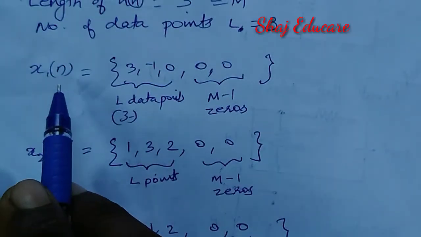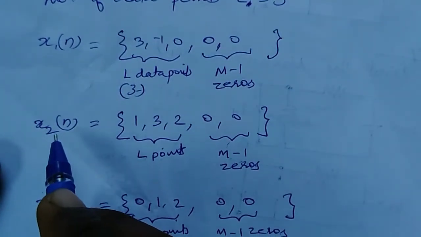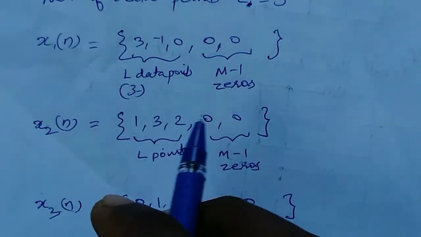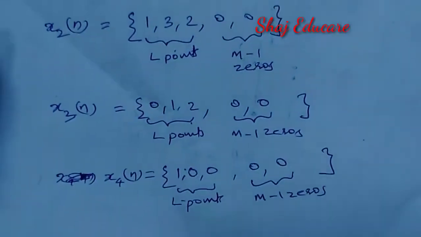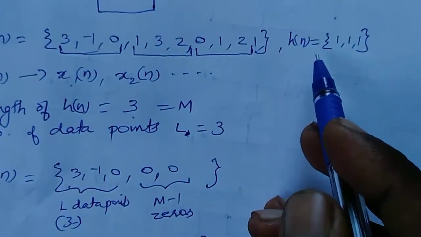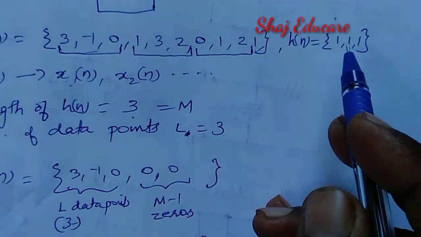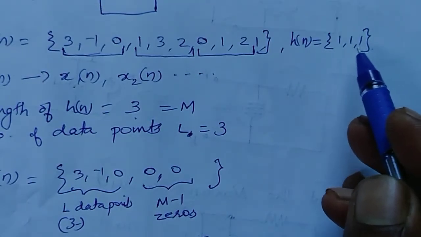Next, we have to convolve x1 of n with the impulse response, then convolve x2 of n with h of n, and so on. The impulse response h of n given is 1, 1, 1, and its length is 3.